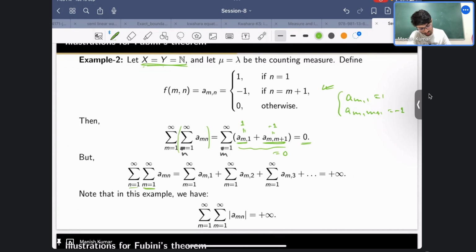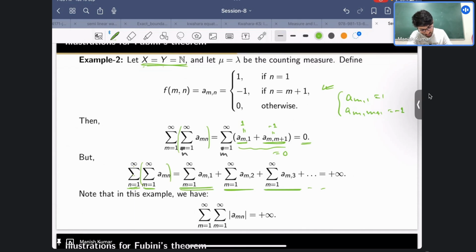If n is equal to 1, this will be the summation; for n equal to 2, this will be the summation; for n equal to 3, this will be the summation, and so on. So you are breaking this series and writing it in this fashion.